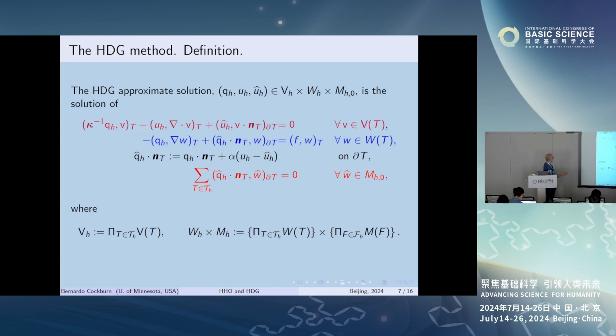So here, the same thing, you have divergence of q, integrate by parts, and you put a little hat. And then the name of the game is to find the relation between q hat and q, and u hat and u, which is through this alpha. And then you might have to make sure that this is well defined, and that's it. And then you impose the corresponding transmission conditions.